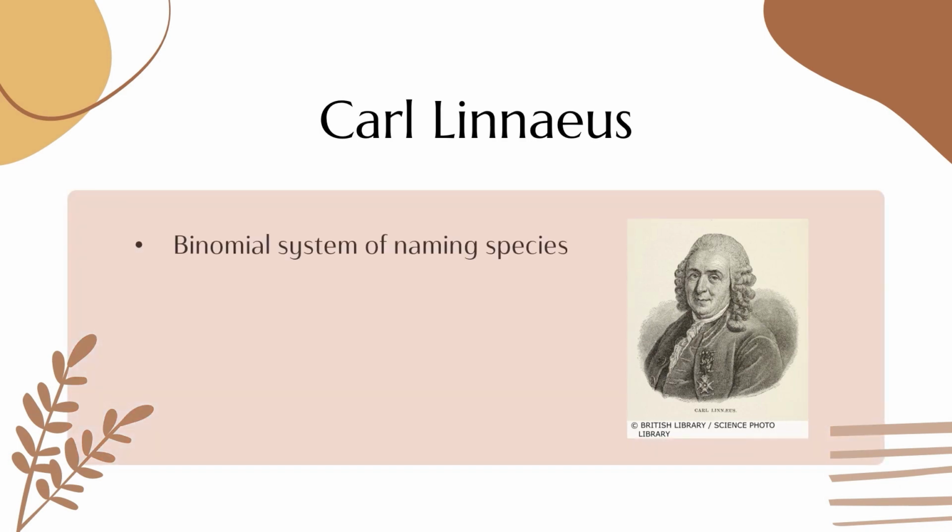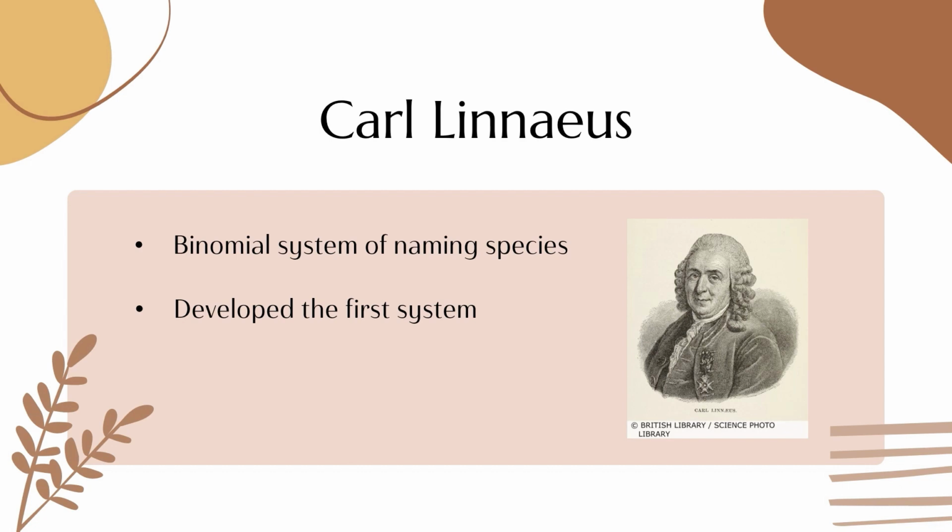The binomial system of naming species means giving organisms 2 names in Latin. The term binomial literally means two names. Bi means two, and nomial means name. Linnaeus derived scientific names from the genus and the species to which organisms belong.